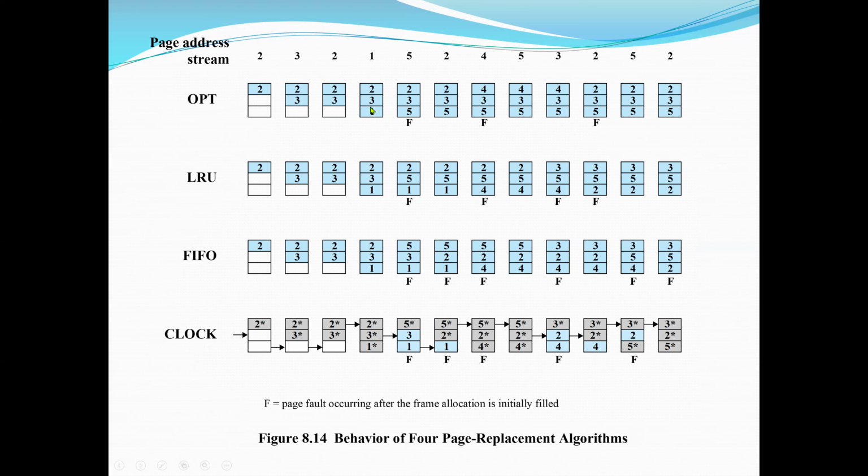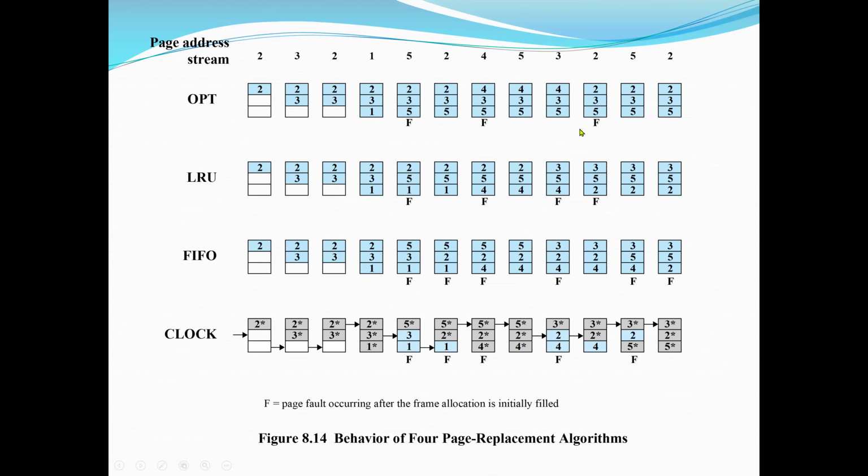This is the page address stream formed by executing the program: 2, 3, 2, 5, 2, 4, 5, and the rest. This means that the first page referenced is 2, the second page referenced is 3, and so on.